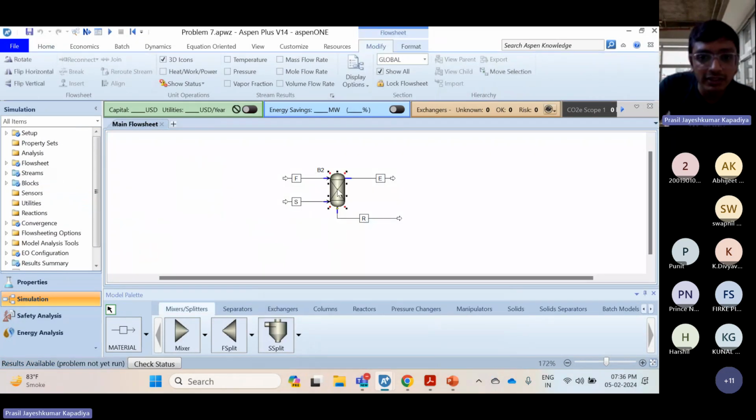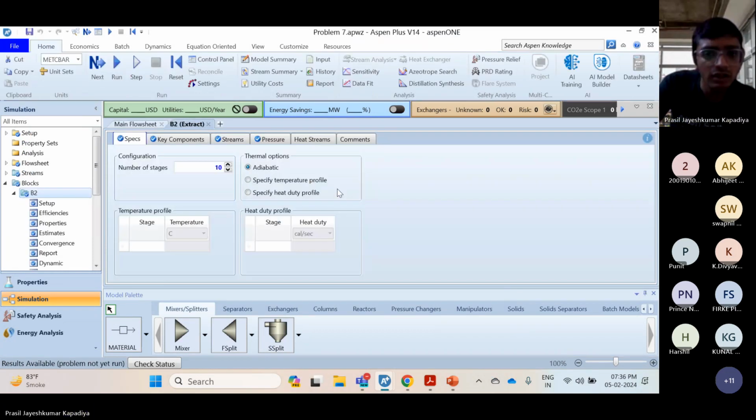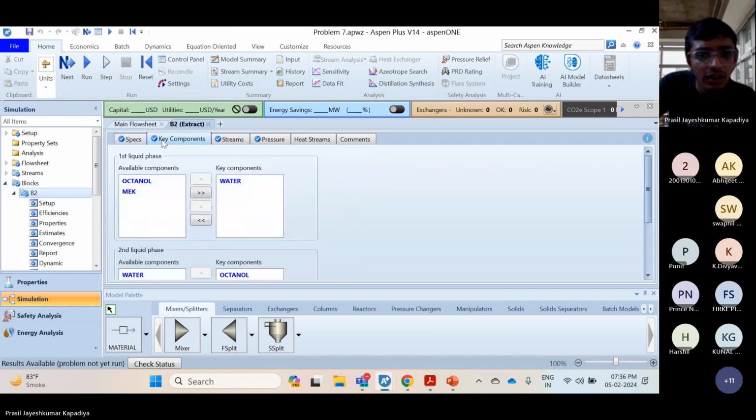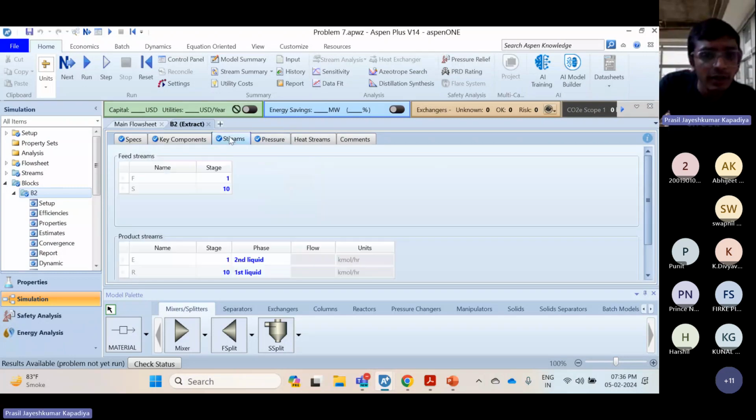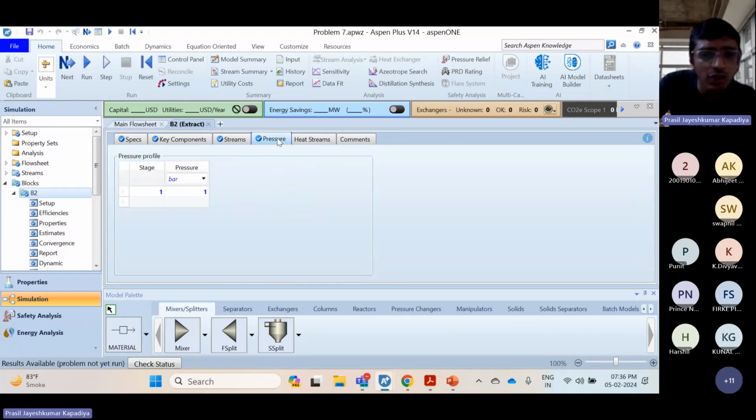Okay, let's just check these conditions. Everything else is correct. 10 stages. We need one water component and one octanol component. This is also correct. Streams 110. This is also correct.